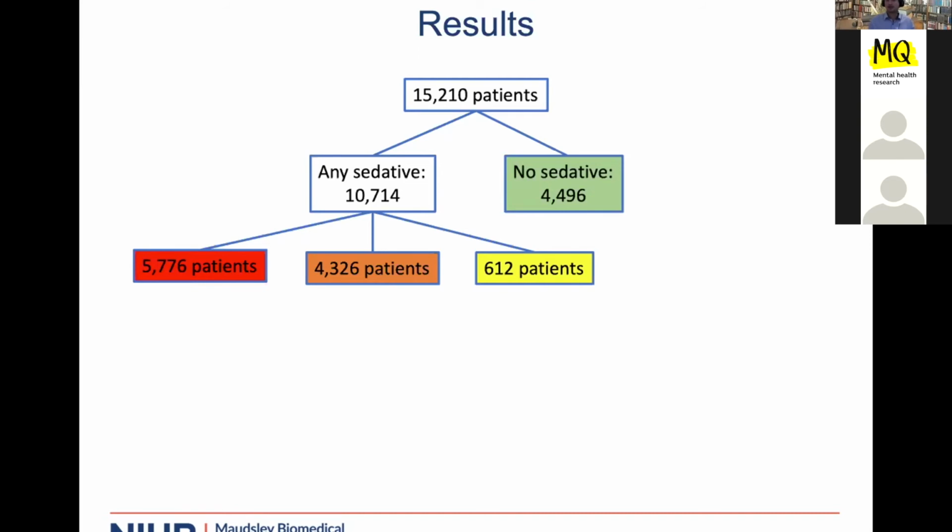And 612, a very small number only, were prescribed sedatives that had drowsiness mentioned as rare or uncommon in the BNF.